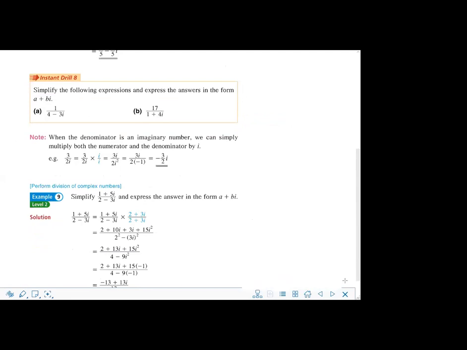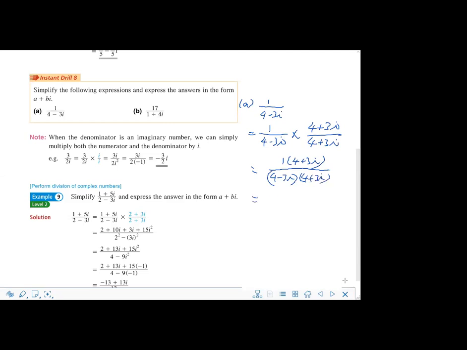Okay, part A. So 1 over 4 minus 3i is equal to 1 over 4 minus 3i times 4 plus 3i over 4 plus 3i. Okay, and then for the top part, 1 times 4 plus 3i. So multiply them together, and then for the bottom parts, again, you multiply them together.